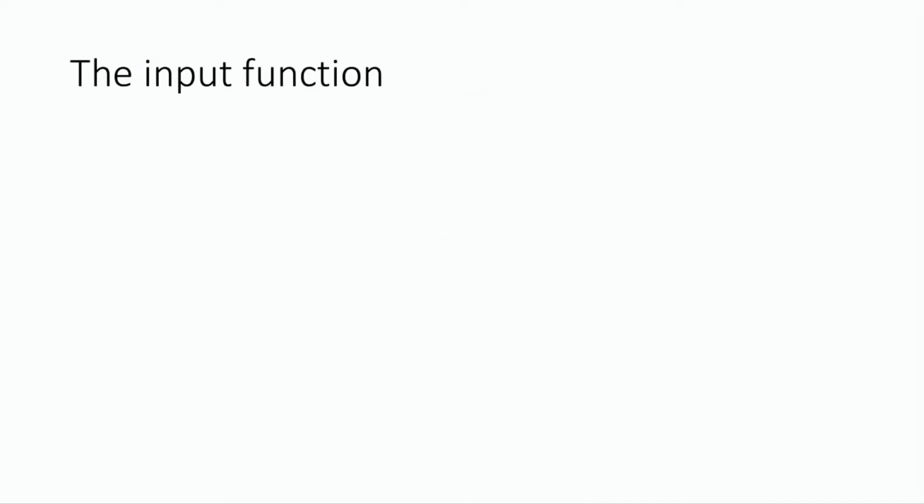Well, Python has a nice built-in function called, what else, but the input function. And so we can use this input function to get some user input. And that's what we're going to be looking at today. The way that you use this function is very, very simple. You just write the word input and then an empty set of parentheses, just like that.